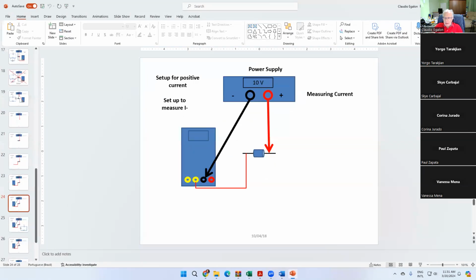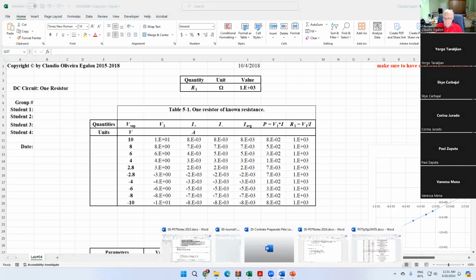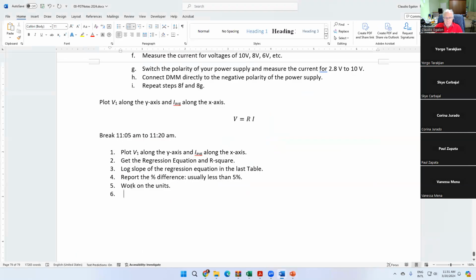And after the units, work on the significant digits.